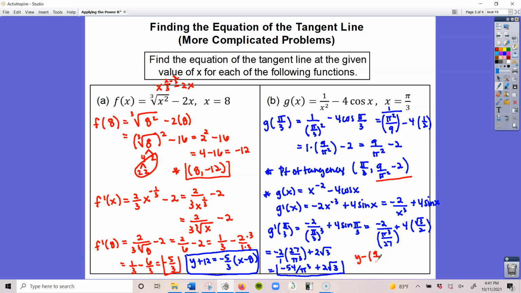So 9 over pi squared minus 2 is equal to my slope, which is the negative 54 over pi to the third plus 2 square root of 3, times x minus my x value, which is pi over 3. So this would be the equation of my tangent line. It doesn't look very nice, but that would be my answer.